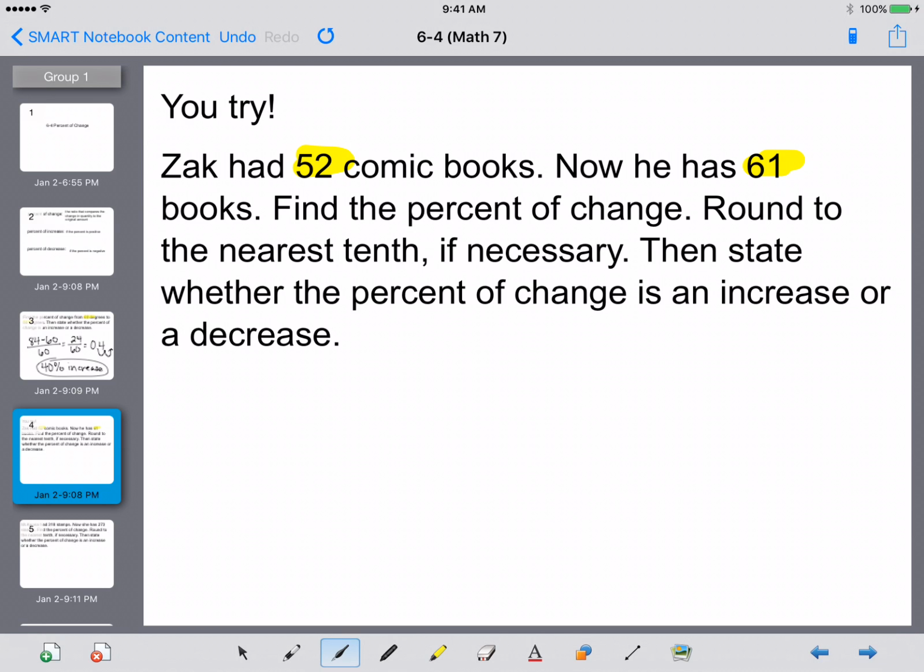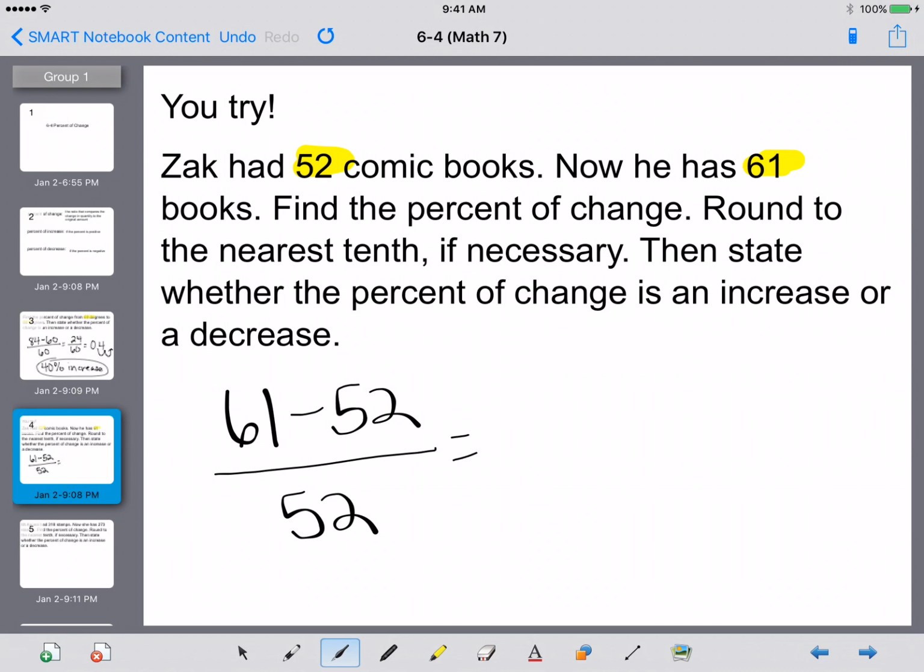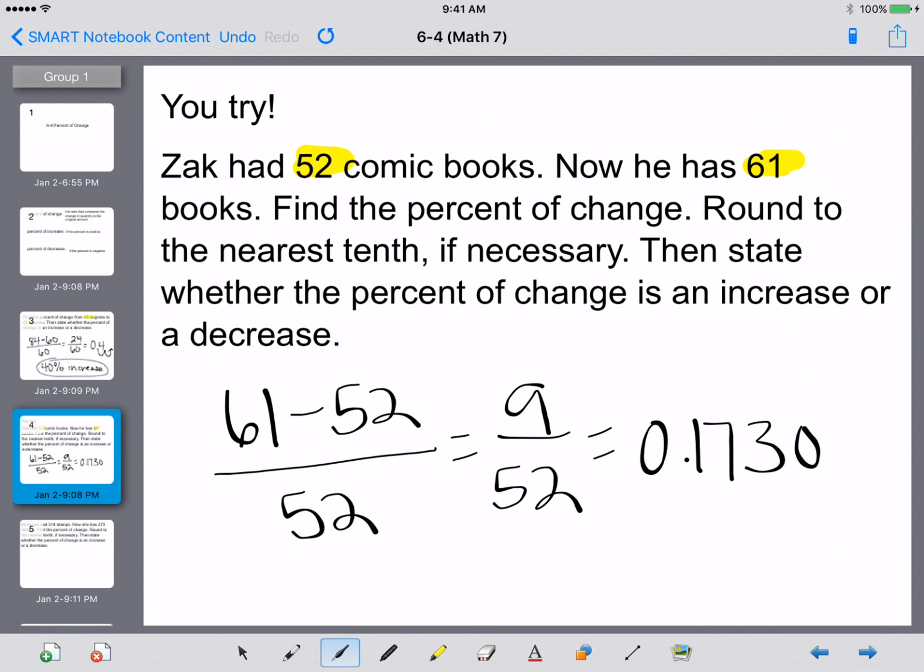We take new, which is 61, minus original, over original, which is 52. 61 minus 52 is 9 over 52. 9 divided by 52, let's get my calculator, I don't know that one off the top of my head. 0.1730.